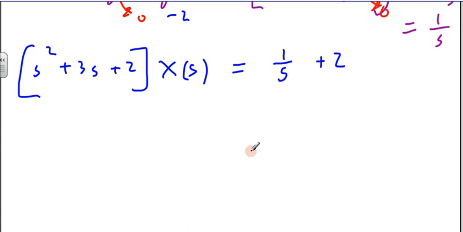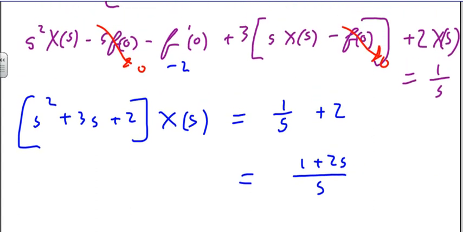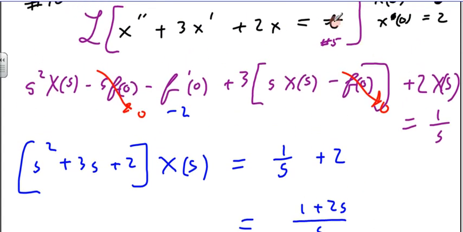Okay, so we'll change this to 1 plus 2s over s. Yeah, you got me there. You're right, absolutely correct.